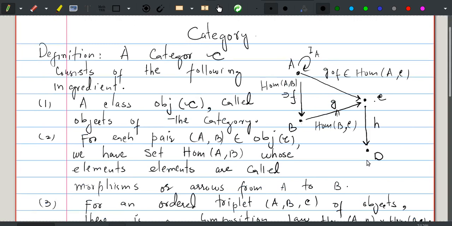Similarly, we have a morphism from D to D, that is I_D. Same is the case with C and with B. So here is I_B.